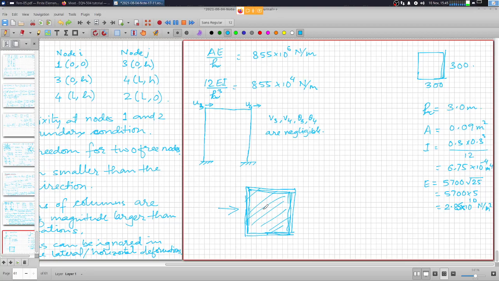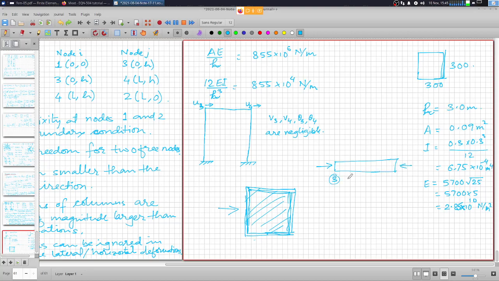So when that happens, the axial deformation that this beam will have in response to the load, right?